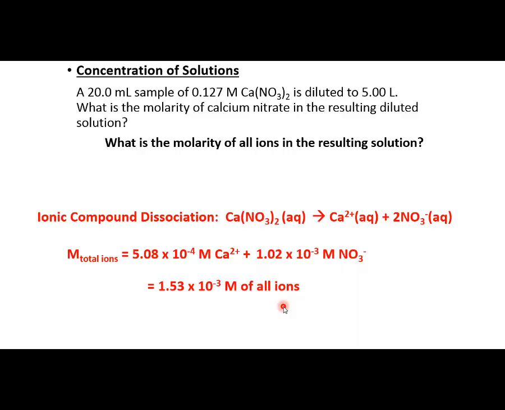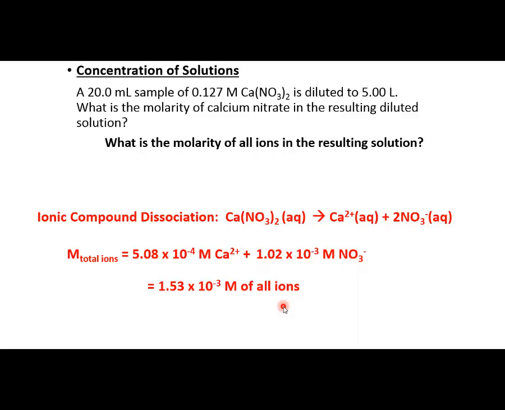Now, you might ask yourself, why do I care about the molarity of the ions in solution? Well, there are a number of properties that we call colligative properties that can help us predict the physical properties of solutions based on how many particles you have dissolved in that solution. And generally, we can ignore the identity of the particles.